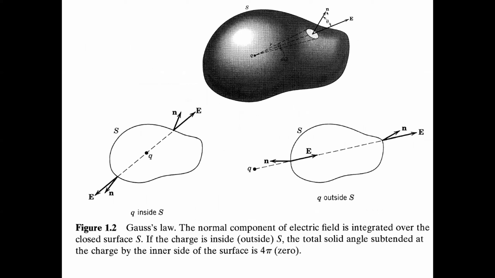So here's E, here's N, and because there's an angle between N and E, once you take the dot product of E and N, you get the component of E along the N direction. But N here is a unit vector, so what you get is just the component of E along the N direction.